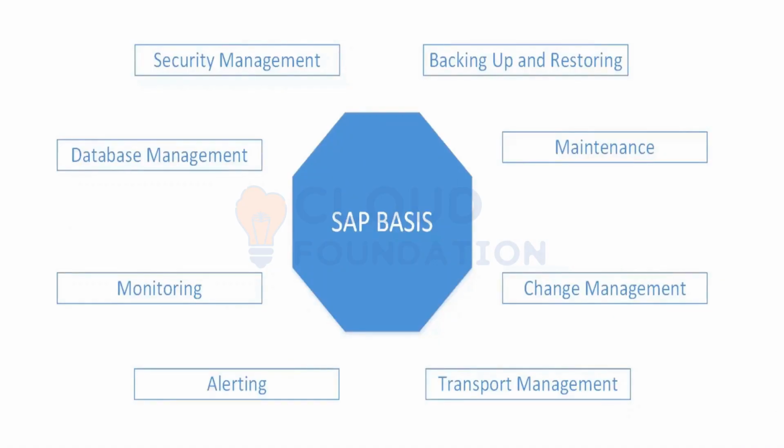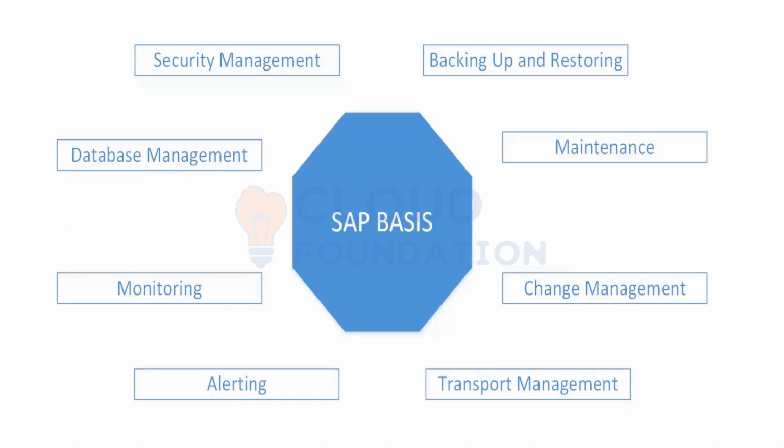And then after that the database should be implemented. Who will implement the database? A separate database team will be there, initially the HANA database team, whether it is HANA or Oracle.